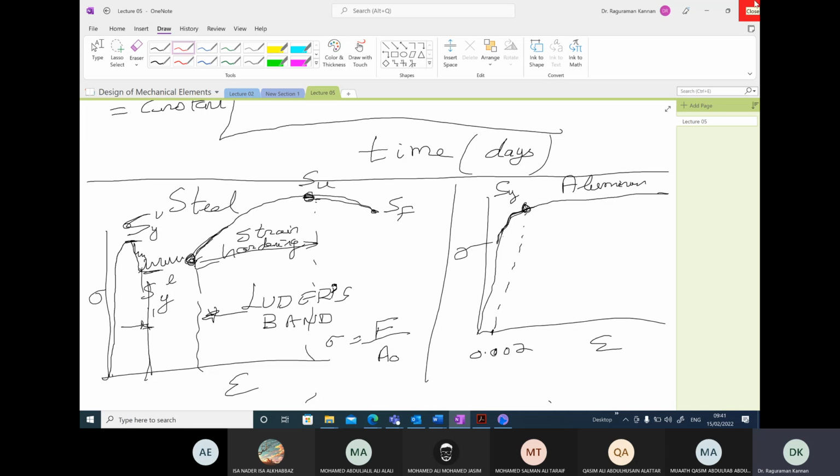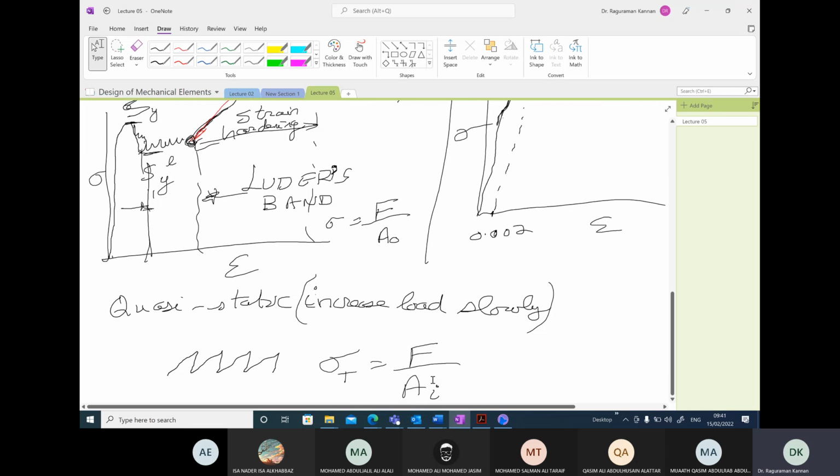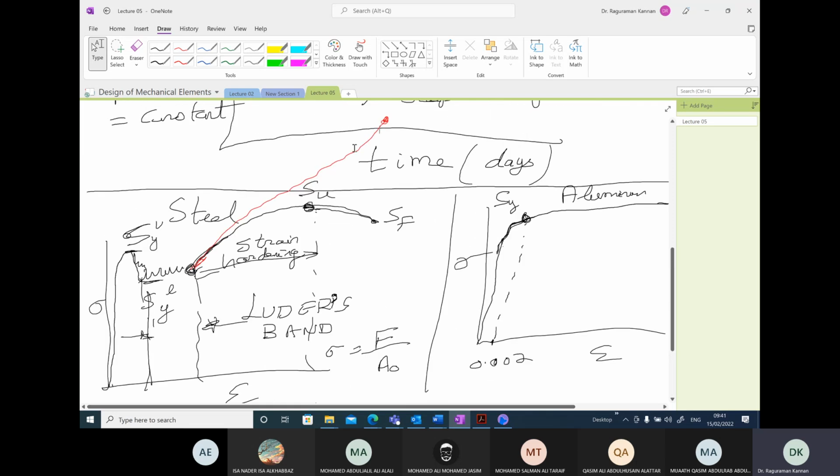If I plot the true stress up till this point, you will have the same true stress, but it will start to become different at this point, and you will see my true stress is continuously increasing. When I use the instantaneous area of cross section, the stress is increasing, and because of that, the fracture takes place.